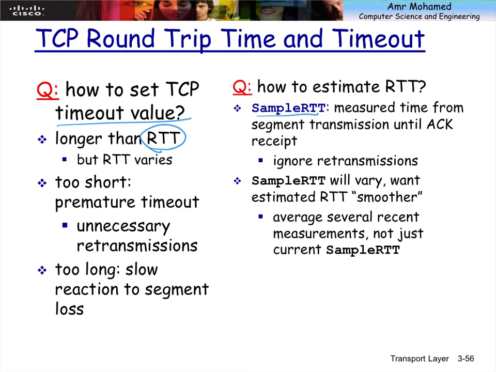But how can I use an estimated round trip time that's representative given many samples of the round trip time? For that, TCP uses some kind of filtering. The electrical engineering people, they know the filters.